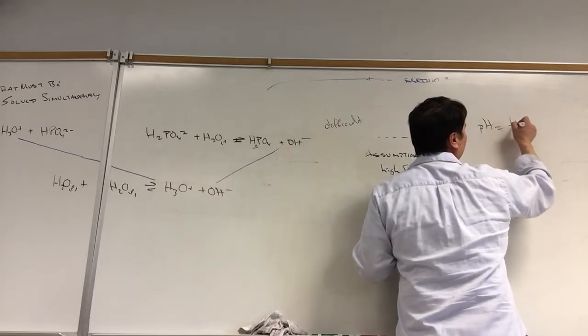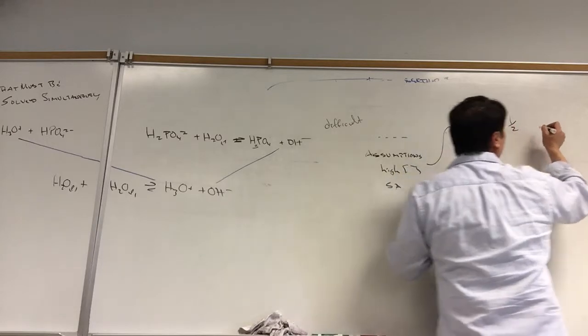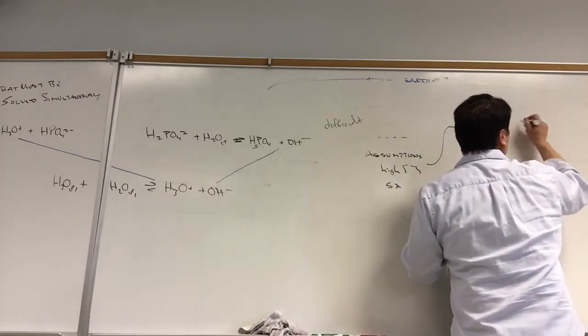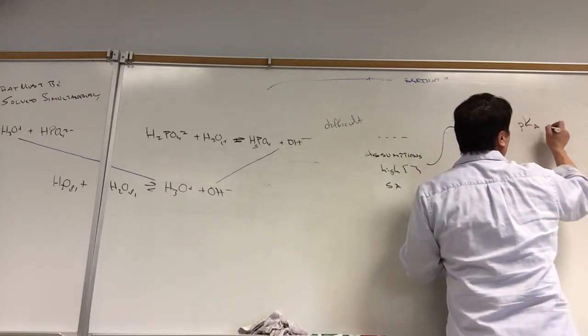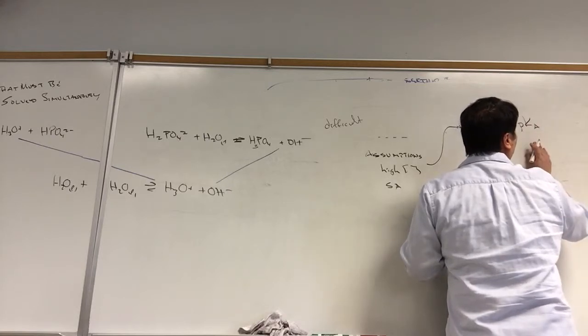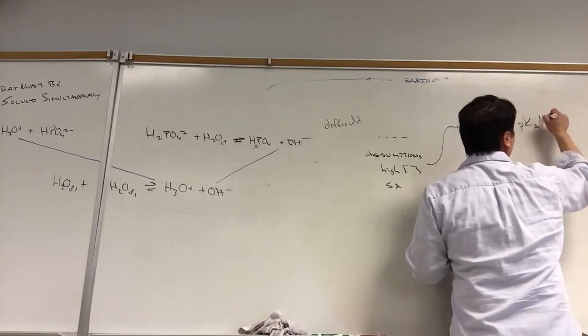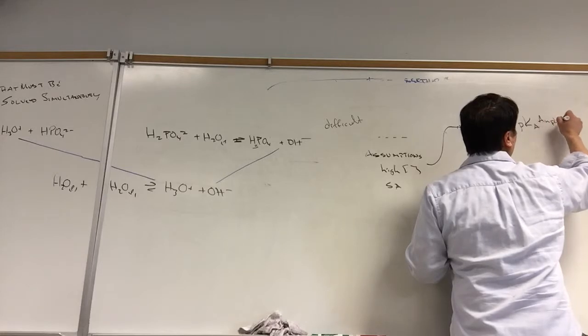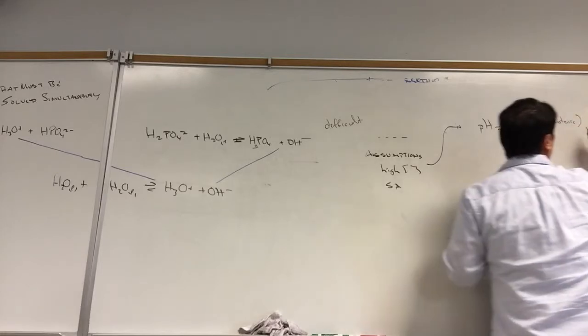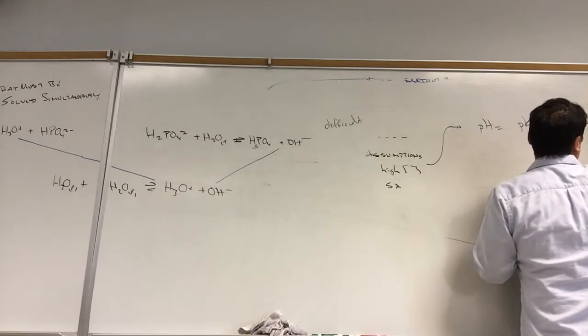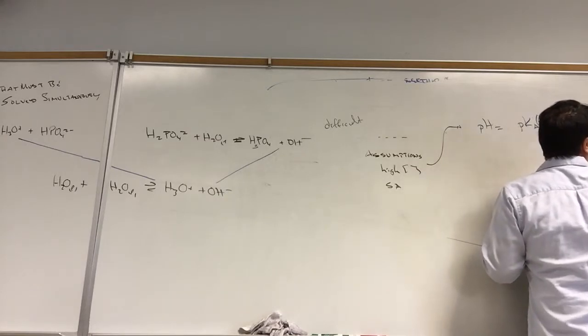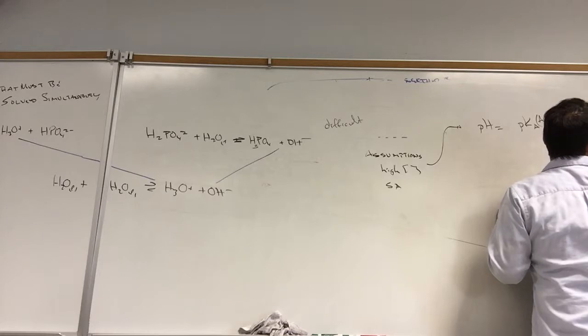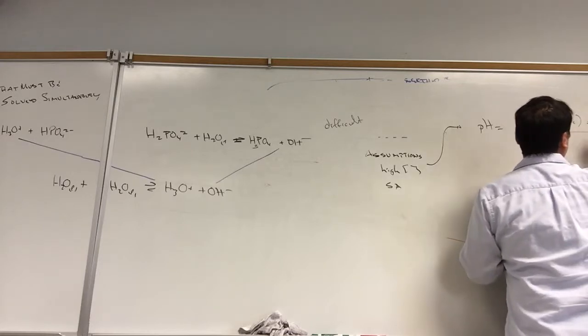The pH is going to equal 1/2. Actually, let's write it like the book does. It's going to be the pKa for the amphoteric plus the pKa for its conjugate acid, divided by 2.